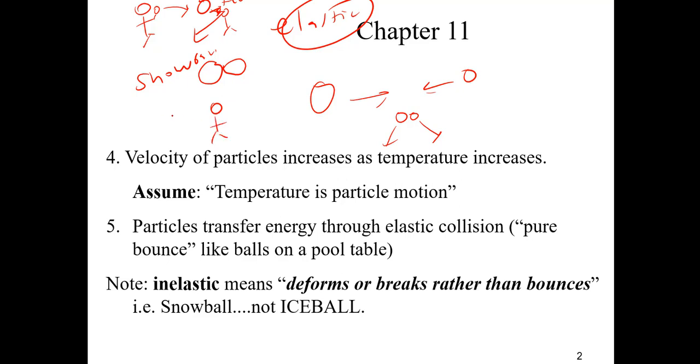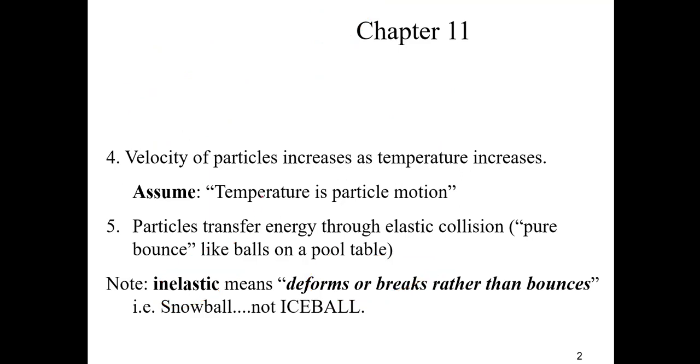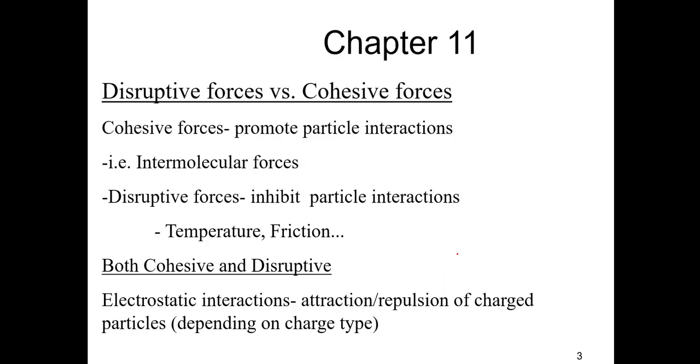So there's the little brother, there's the big brother, and the little brother throws a snowball, and then what happens is the snowball breaks up into tiny little pieces. So if it deforms or breaks, we call it inelastic. We're going to assume for gases at this level that they're going to be mostly elastic collisions. Why? Because by saying this, it makes the concepts and the math a little bit easier.